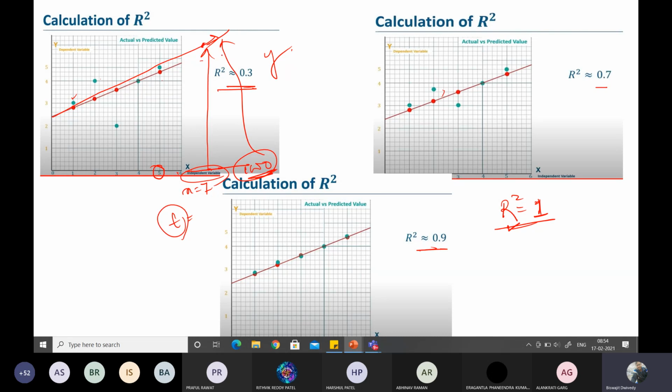After 10 years, what will be the value? After 100 years, what will be the value? After 20 years, what will be the value? Those values can be found from this regression line. So this is the concept of line of regression, or linear regression technique.